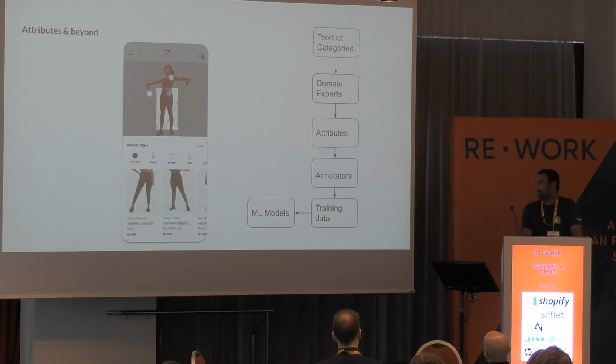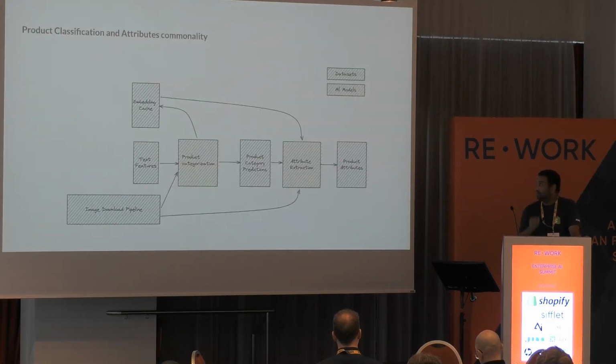You can immediately see use cases of this. This gets used in search, it gets used in filtering, basically anywhere product classification gets used, this can be used. It will just enhance the capabilities of it. And we have a lot of commonalities between product classification and our attribute project. One of the hardest things we had to do when we built product classification was that image download pipeline. I said we have tens of billions of images. It's hard to move that many images around.